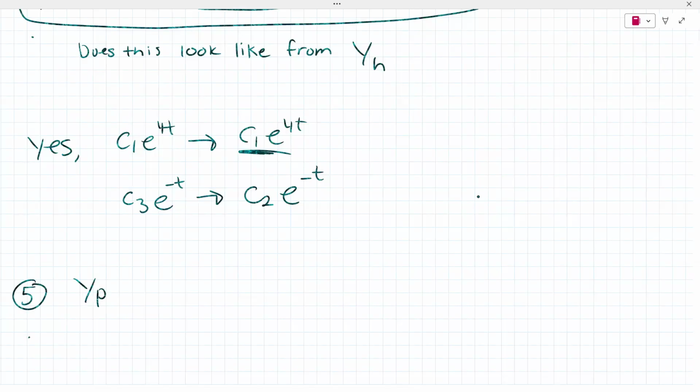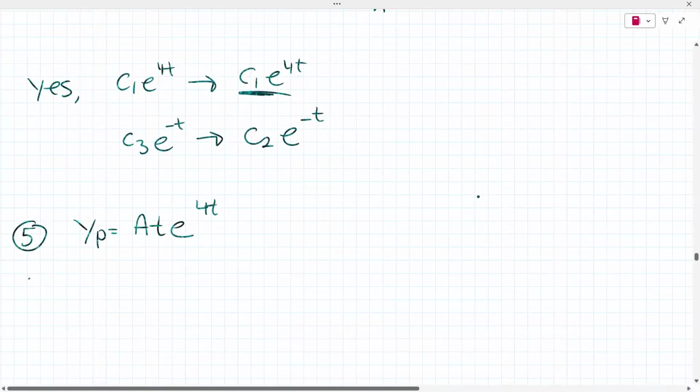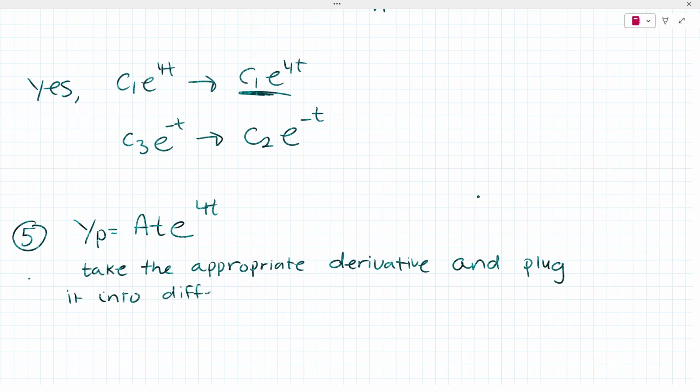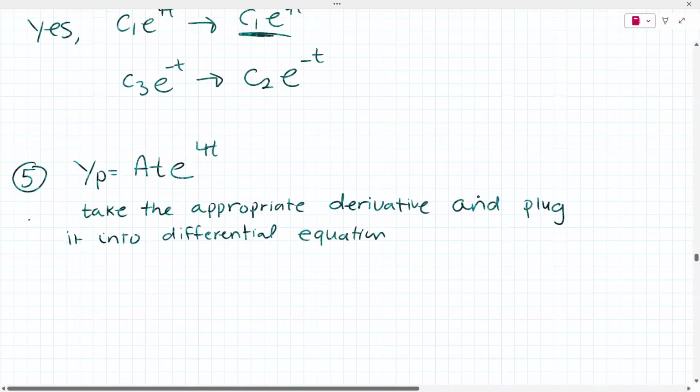So our yp is going to be A t e to the 4t. What is our yp prime?